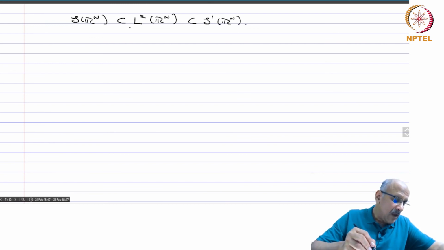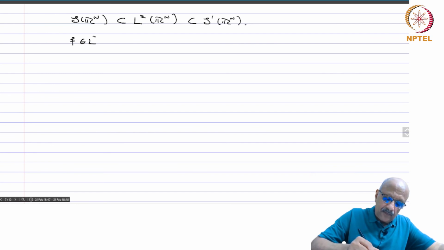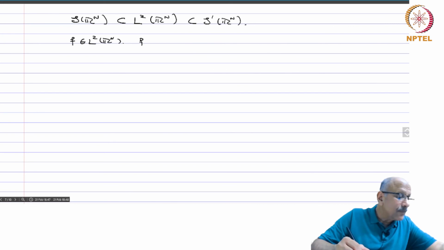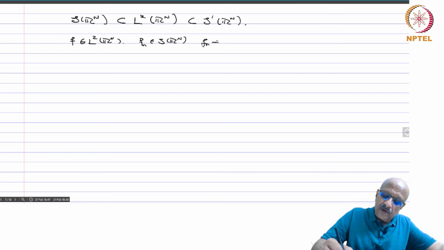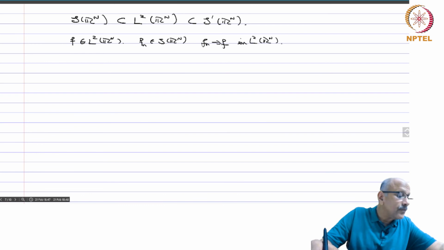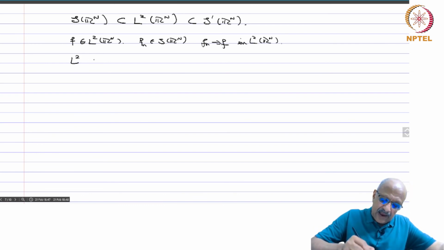So let F belong to L2 of Rn. Take Fn in S of Rn, with Fn converging to F in L2 of Rn, because S is dense, we know that. And then what do you have? L2 to S dash is continuous, and therefore Fn converges to F in S dash of Rn.